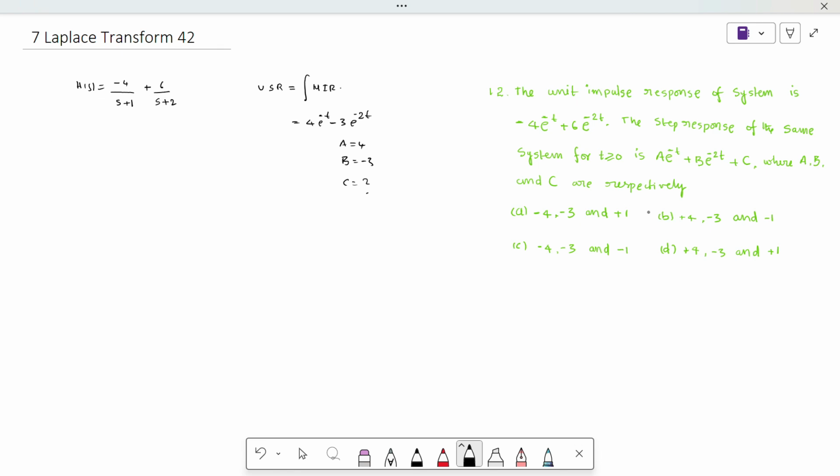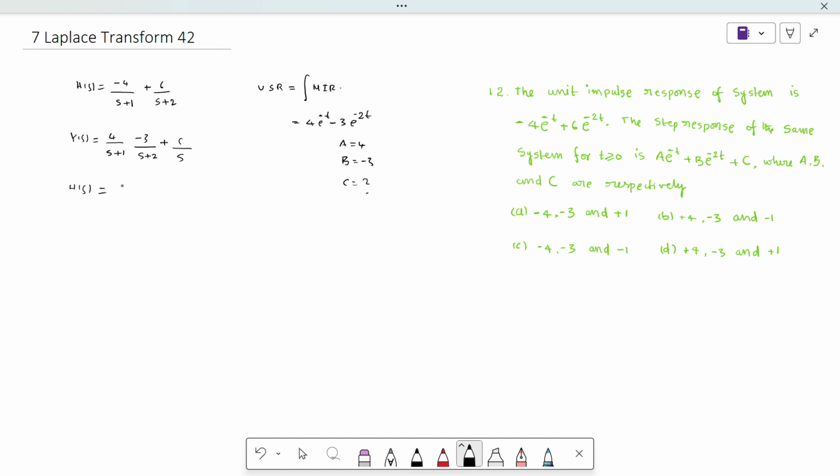The second one, the unit step response. Y(s) is given, here I am writing a = 4: 4 by s + 1 plus b = −3, so −3 by s + 2, plus c by s. This is the unit step response. Then H(s) equals Y(s) by 1 by s.